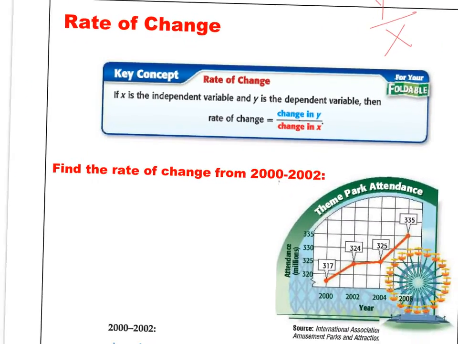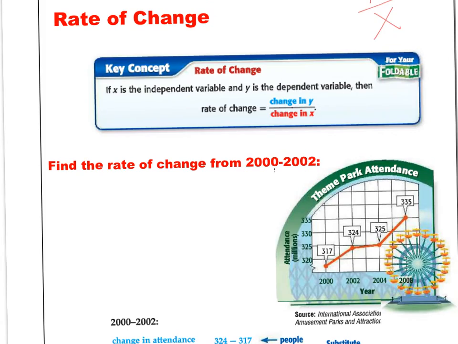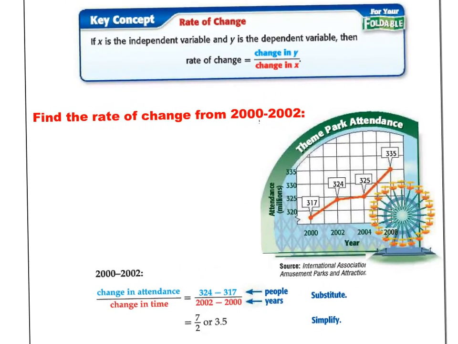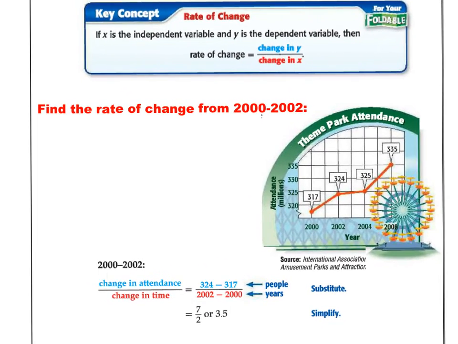So when you were asked to find the rate of change between a certain time frame, some of you maybe didn't read the directions of what it was. So here we have the year given. When it tells you to find the rate of change from 2000 to 2002, none of the rest of the stuff matters, only this change matters.